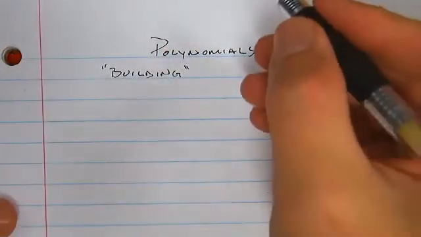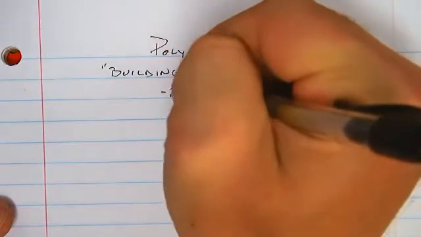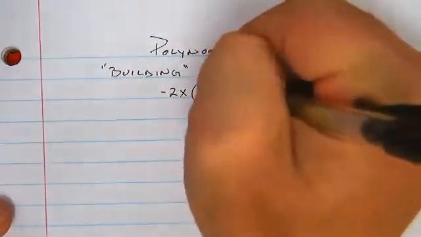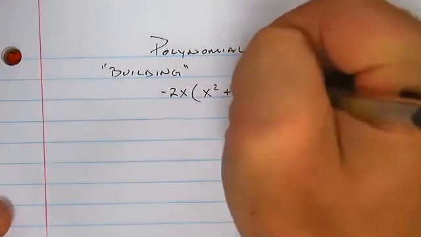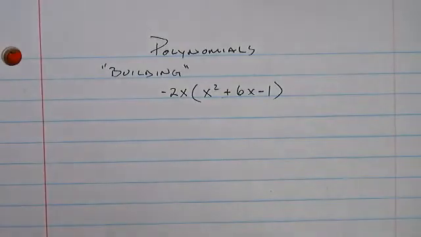Just to review that real quick, let's take something like negative 2x times x squared plus 6x minus 1. Building, right? We're going to be putting this together.